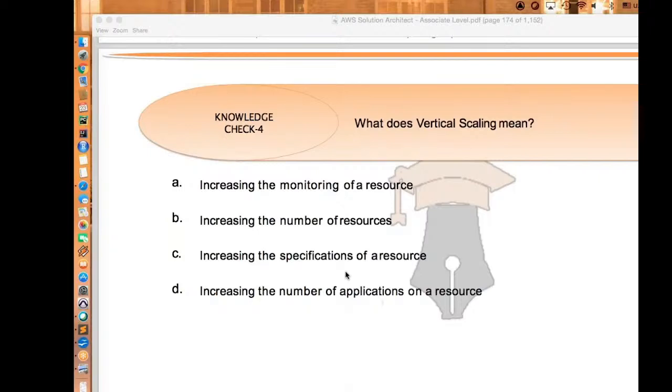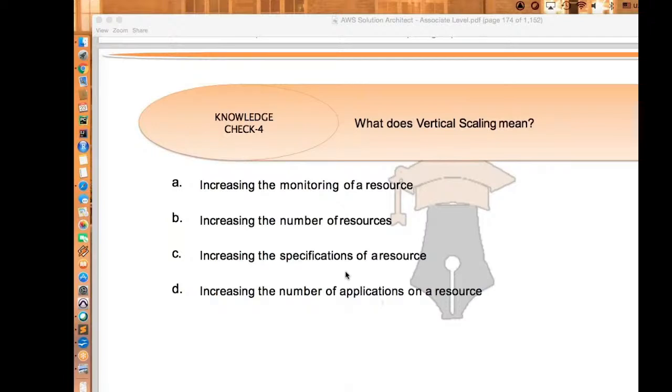The options are: increasing the monitoring of a resource, increasing the number of resources, increasing the specification of a resource, increasing the number of applications on a resource.